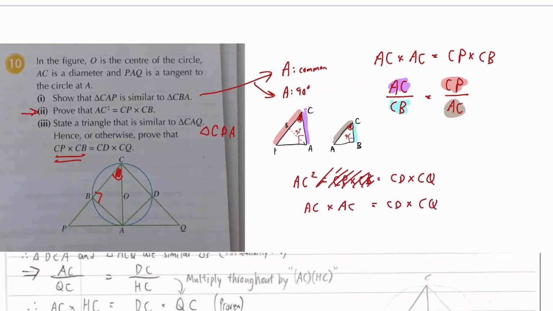Then highlight again: AC, CD, CQ. Why should this be true?